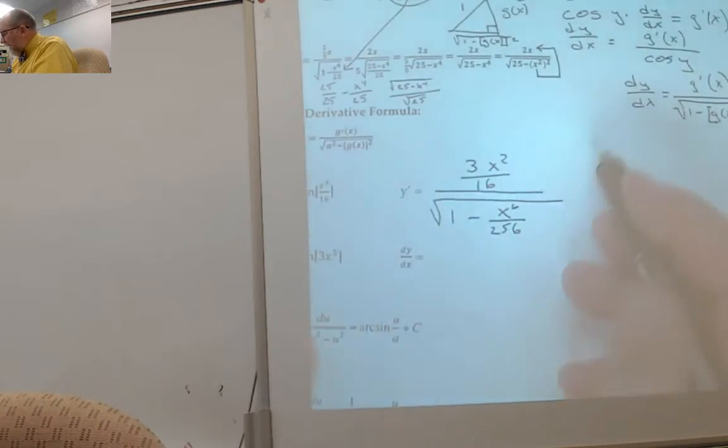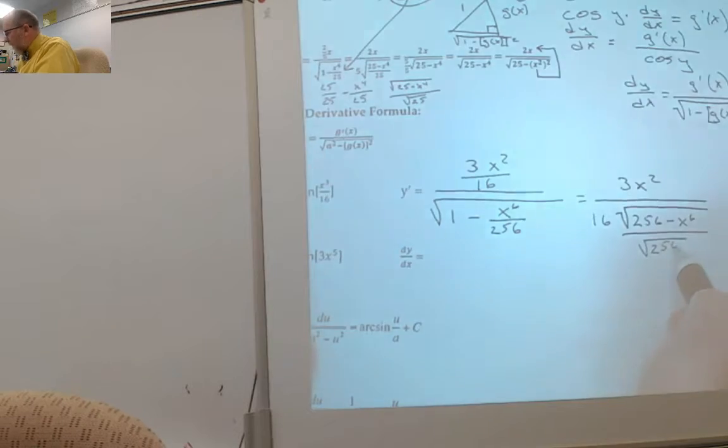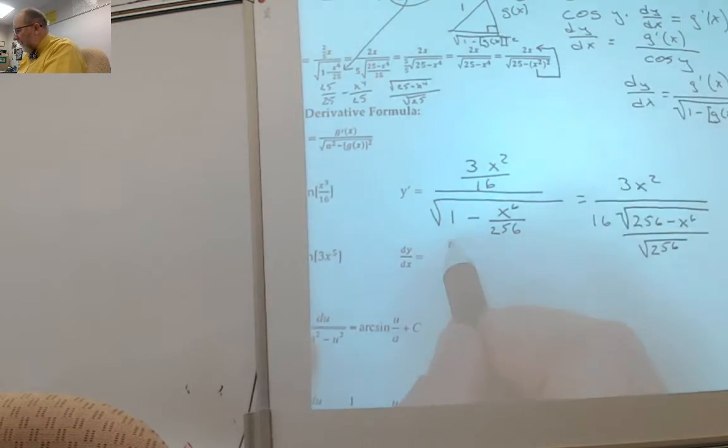And this could be written as 3x squared over 16 times the square root of 256 minus x to the 6 over the square root of 256. So again, what did I do? I got a common denominator, 256 over 256 minus x to the 6 over 256.